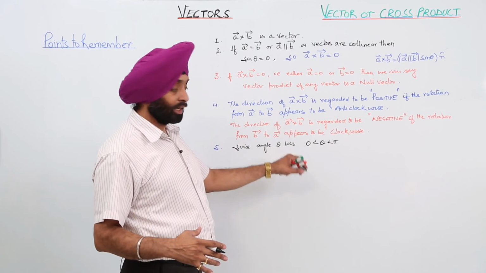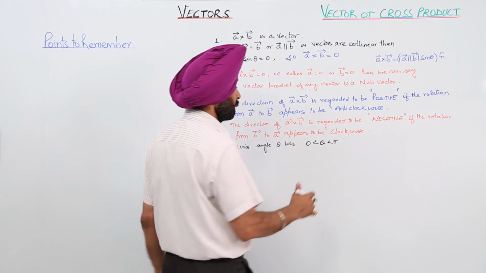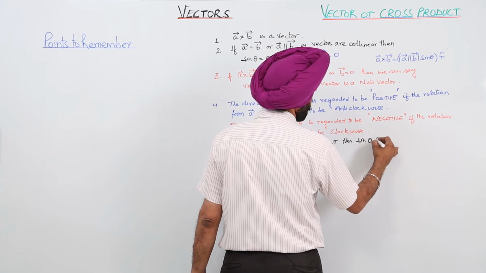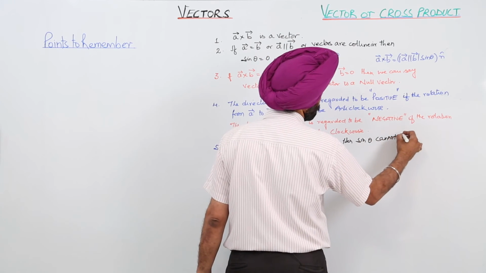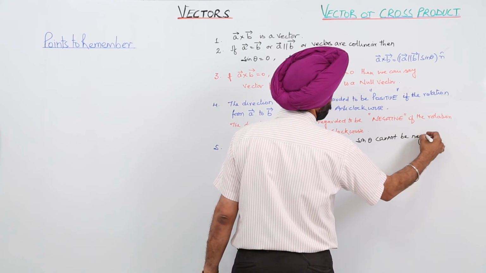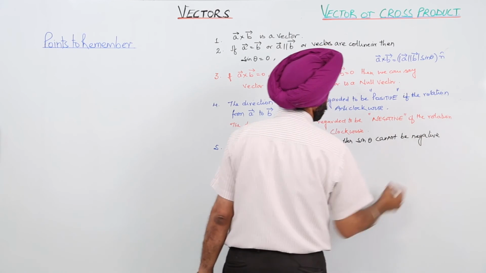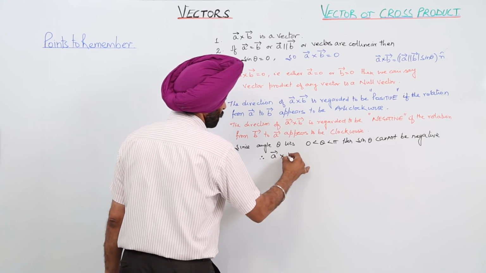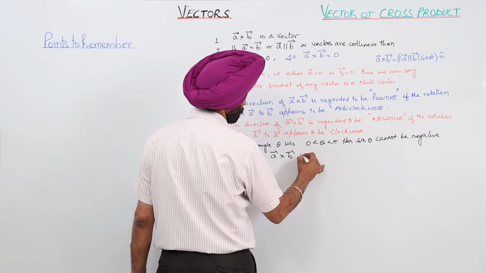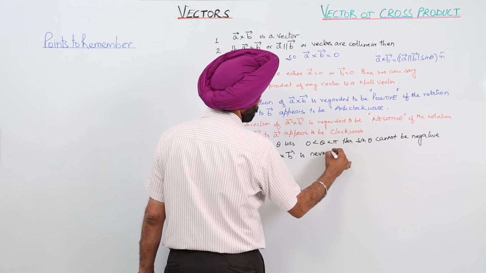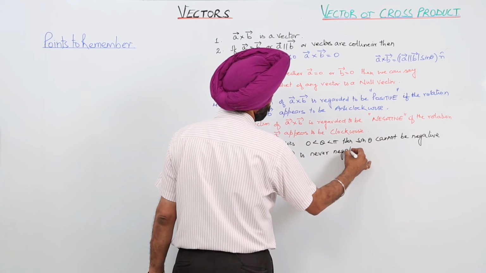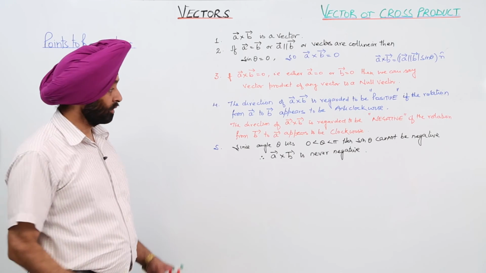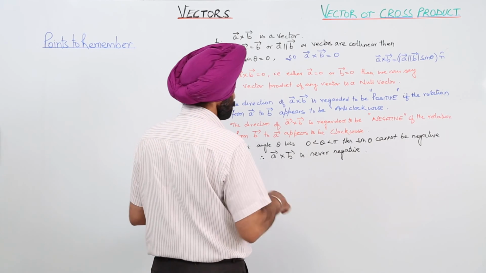And since angle theta lies from 0 to pi, sin theta cannot be negative, therefore A cross B is never negative. The result for A cross B is never negative.